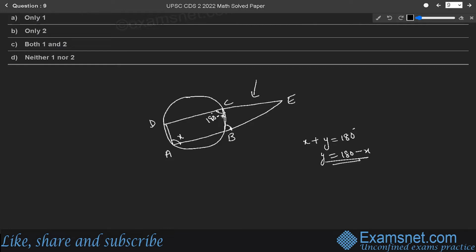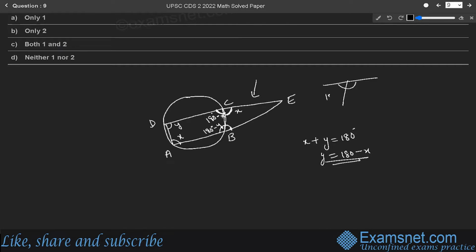So this angle is 180 minus x. Similarly, let this angle be y. Therefore, this angle will be 180 minus y according to this concept. And since this angle is 180 degrees minus x, then this portion will be x, because we know that in a straight line, the whole angle is 180.